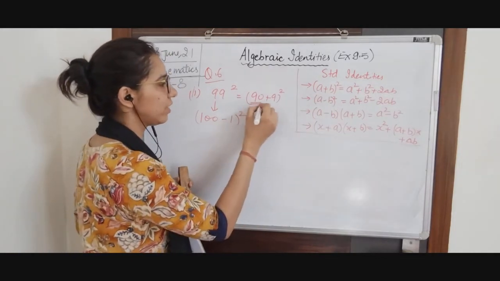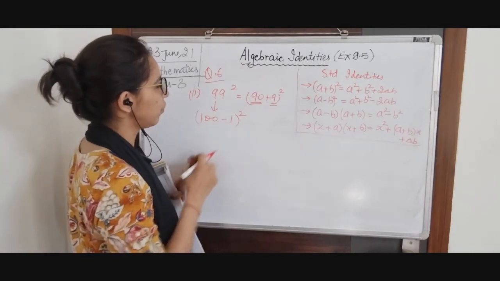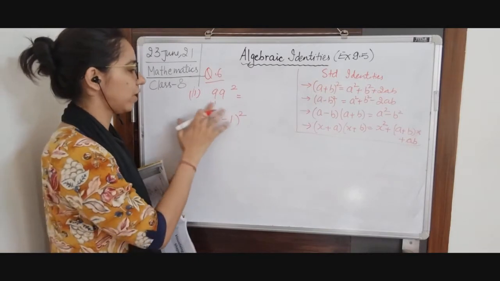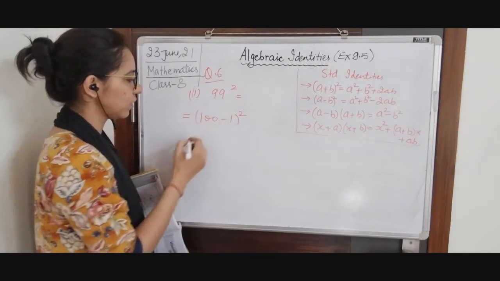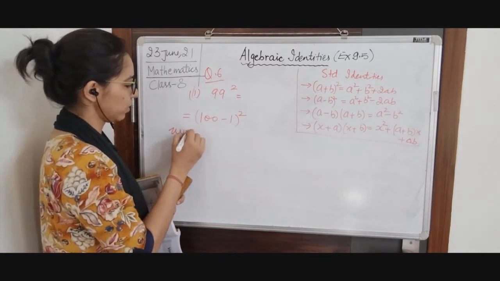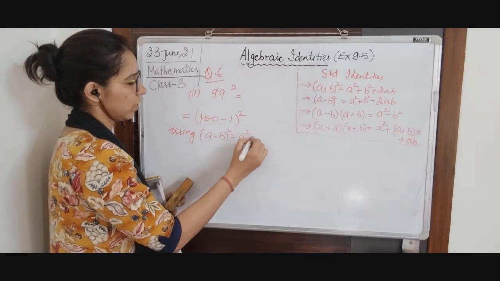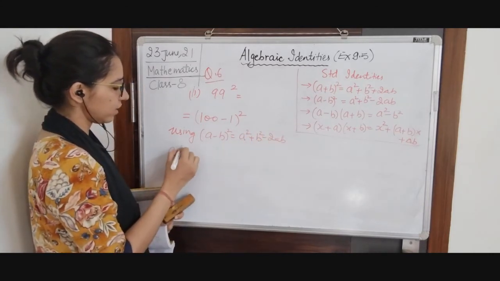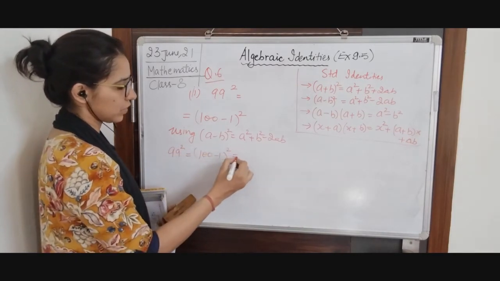Otherwise it is going to get complicated. We know the square of 100, so we are going to write it using the formula for (a - b) whole square, a square plus b square minus 2ab.